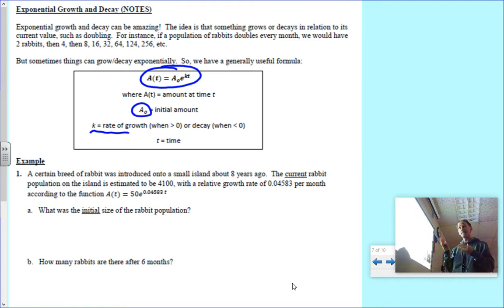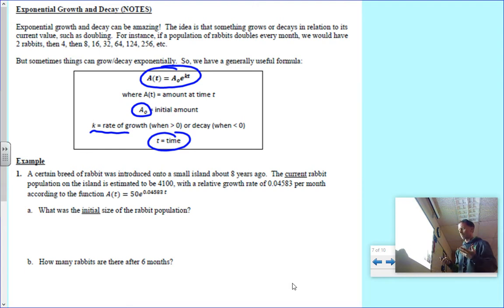If k ends up being negative, you know it's going to be a decay function, so your amount is always going to be decreasing through time. And we do use the variable t in these functions because they're always in terms of a future amount you have as a function of time.